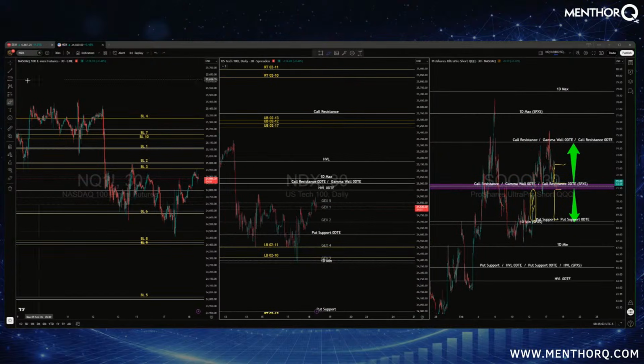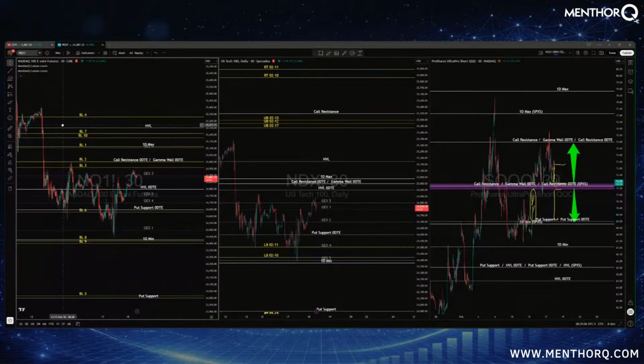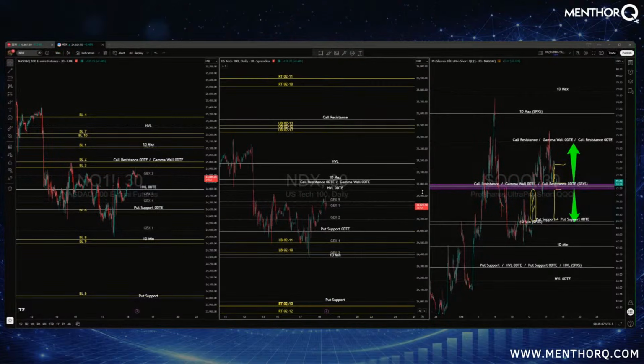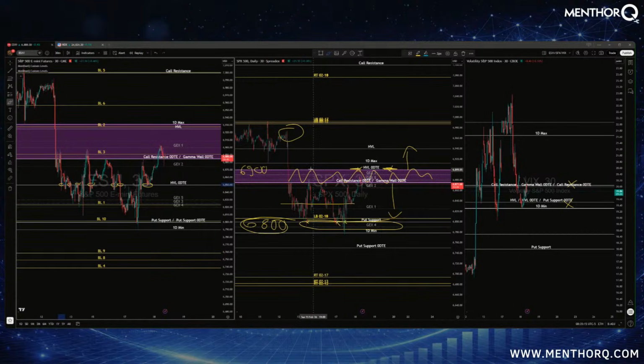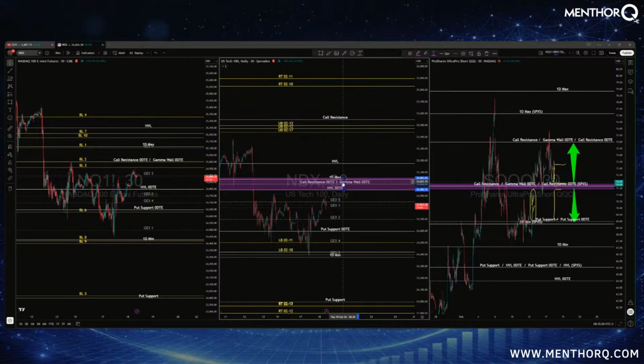Is there something that we really like, or is there something that we also see on SPX before? Yeah, we have here our wall. Remember, if we're going into SPX, we have our wall here, but we are already there. And on NDX, we are not here. So we have the same wall on NDX that we have on SPX.